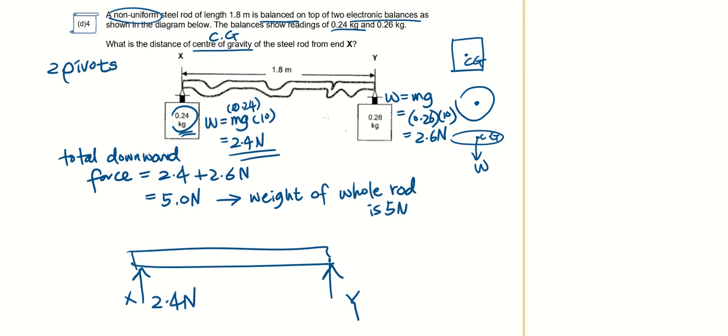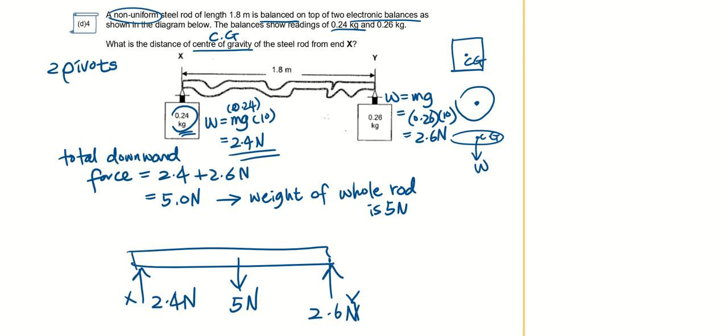And at Y, it is supporting it with 2.6 newtons. And somewhere at the center of gravity of the rod, the total weight is 5 newtons. So as you can see, total weight is 5 newtons downwards. X is supporting it with 2.4 newtons and Y is supporting it up with a force of 2.6 newtons.